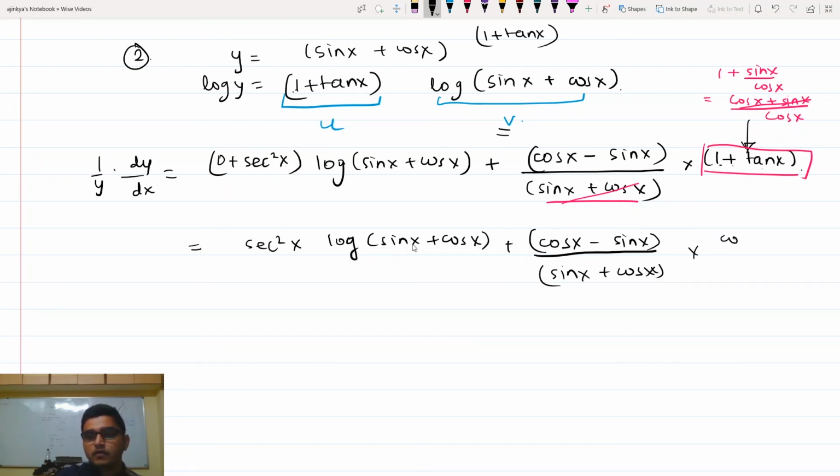and here we have cos of x plus sin of x divided by cos of x. Now these two get cancelled, and what we have is this cos x will also divide this term, which will be 1 minus tan of x.